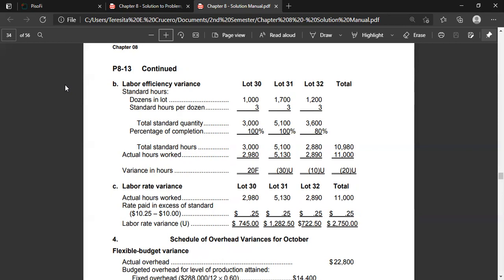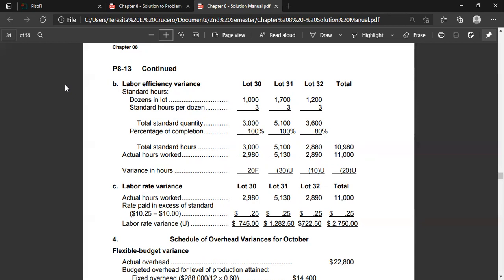We have the lots here for dozens in lots 1,000, 1,700, and 1,200. And we have now the standard hours per dozen equal to 3. So you have the standard hours per dozen equal to the total standard quantity.